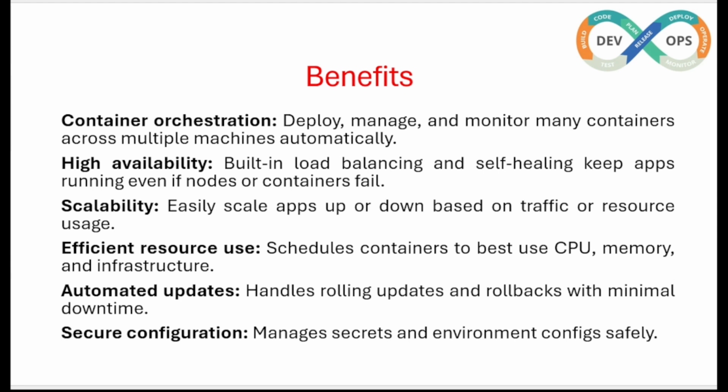Here it is again one step ahead of Docker. It schedules containers to best use CPU, memory and infrastructure. You can recollect the concept from operating systems where a particular process is unable to utilize the CPU entirely or effectively. There, some kind of thing will come, that is the to-do for you.